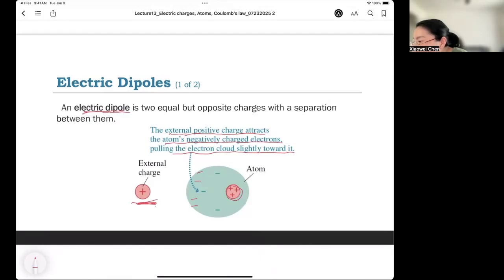So this kind of atom will form an electric dipole, because you can see those are two equal but opposite charges with a separation between them.